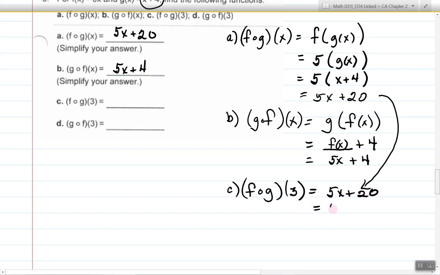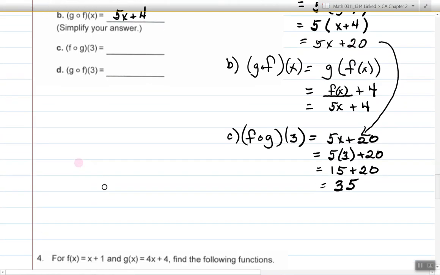So that's 5 times 3 plus 20. That's 15 plus 20, or 35. That's the quickest way. If you don't have this function, then it is a longer process. But we do have it.